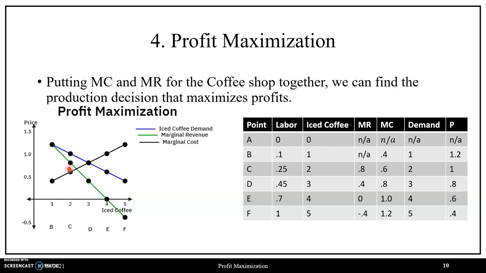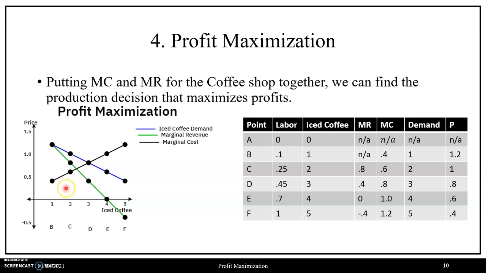So this does not satisfy our condition of marginal revenue is equal to marginal cost, where if we turn our attention to points D through F, we see that marginal cost is strictly above marginal revenue, such that additional money flowing out is going to be greater than additional money flowing in, such that using additional amounts of labor to produce additional amounts of iced coffee is not worth it, and they should scale back on production.